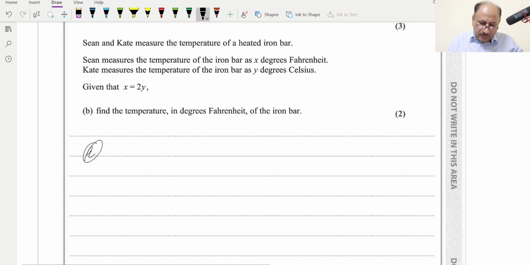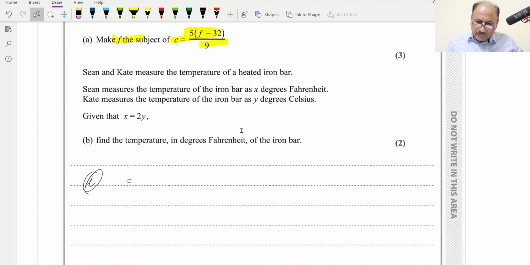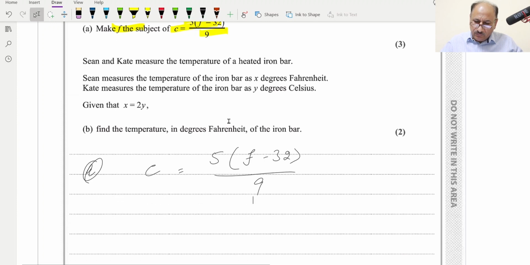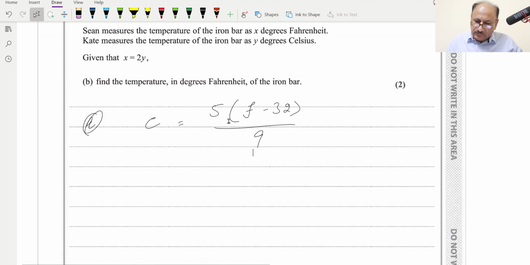The original equation is C is equal to 5 into (F minus 32) over 9, and we have to make F the subject.